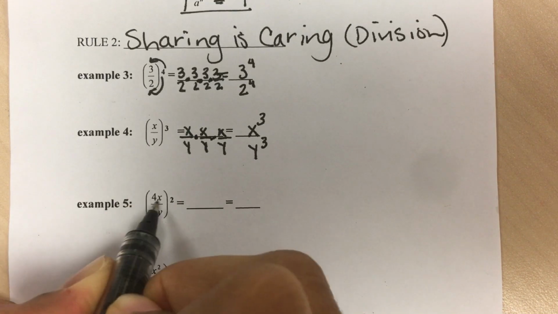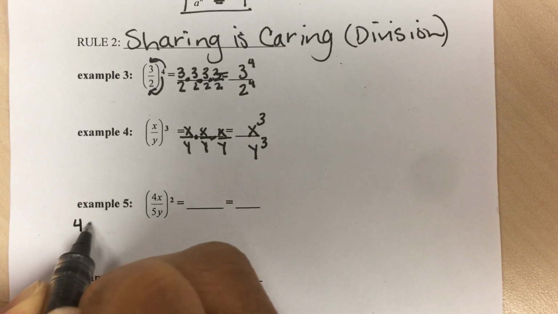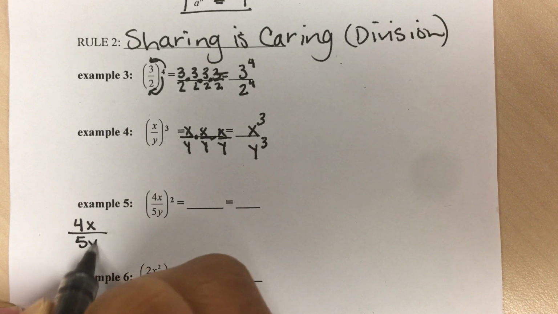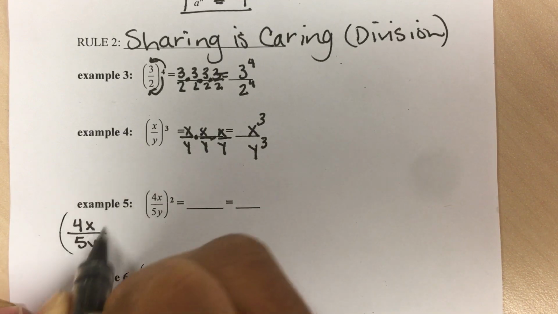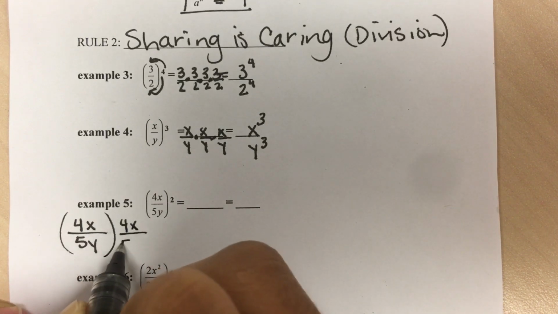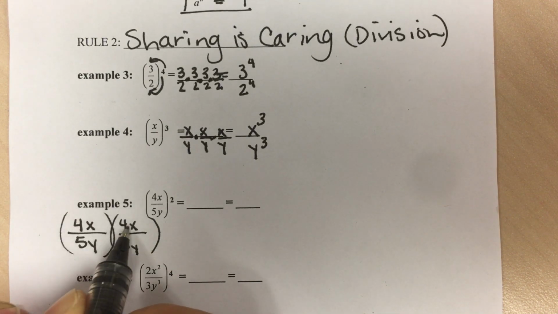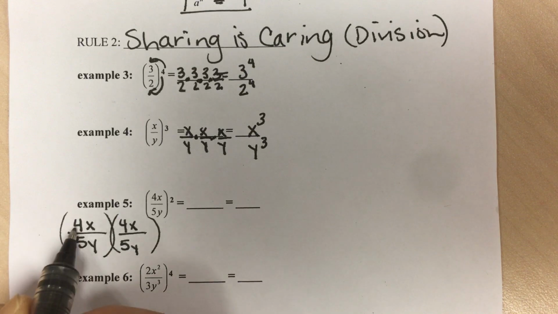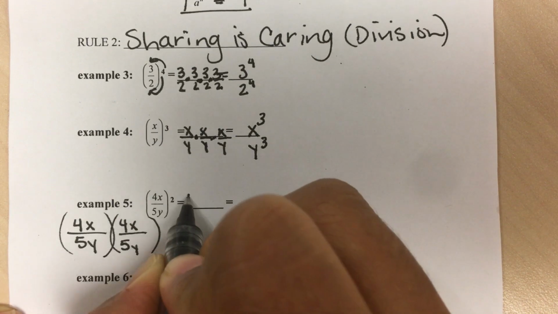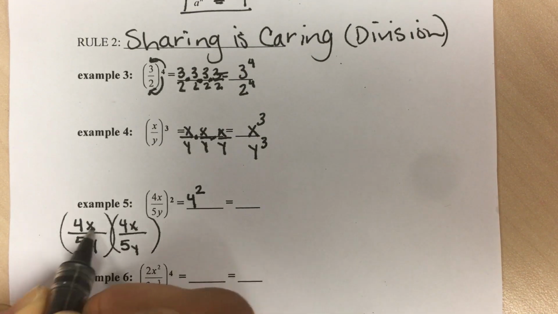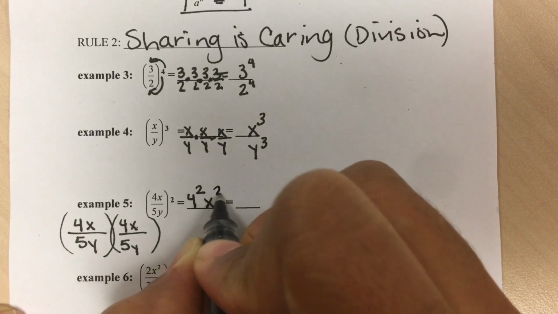So right here I have 4x over 5y times itself, times 4x over 5y. And you can see already, how many 4s am I going to be multiplying together? 2. How many x's am I going to be multiplying together? 2.